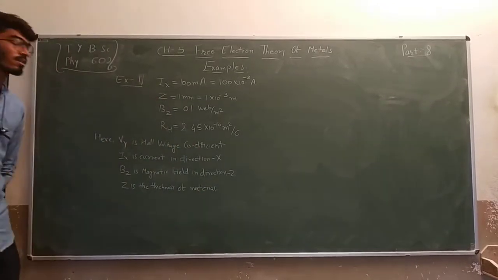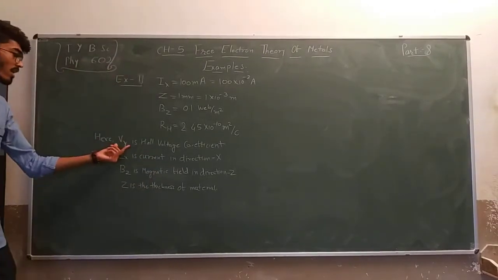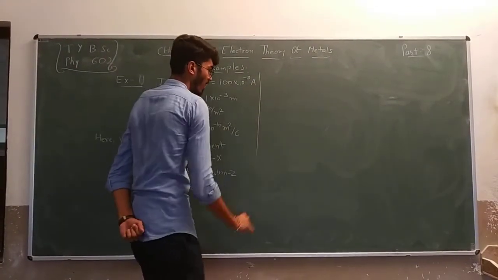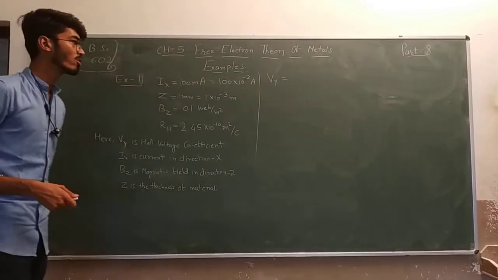So now we find once again V of Y, the Hall voltage, and we know the equation of V of Y. What is the equation of V of Y?